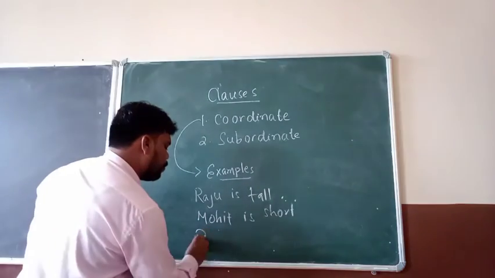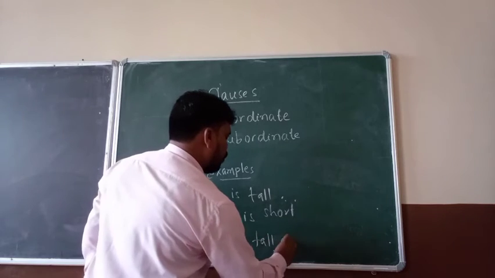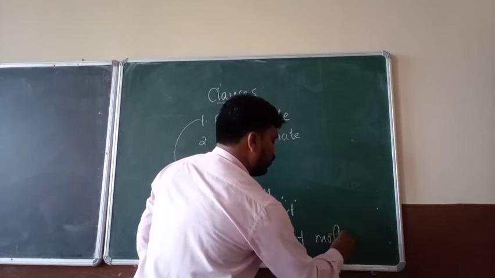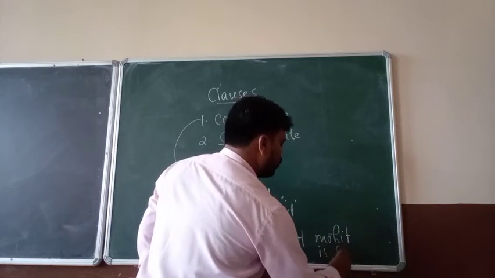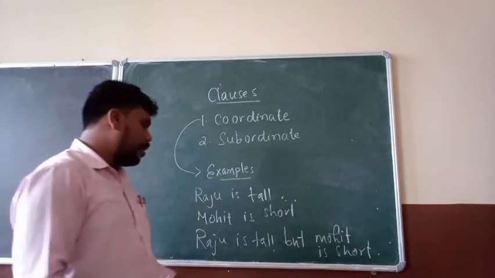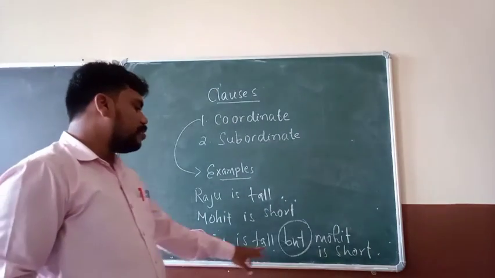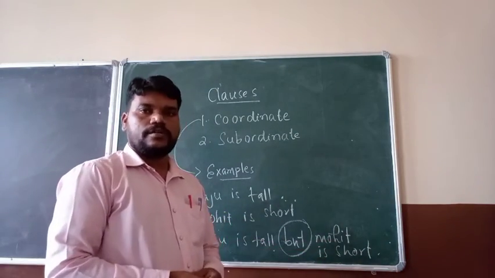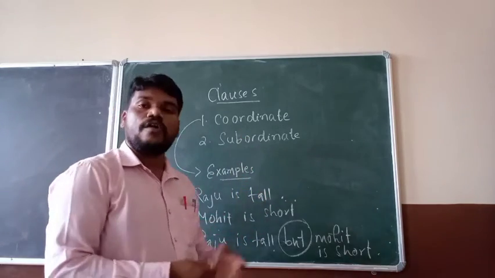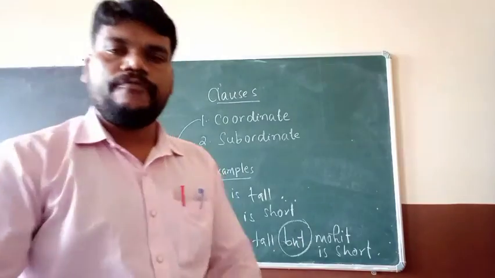So here you see, Raju is tall, but Mohit is short. Here you can see the coordinating conjunction. So in this way we can make a coordinate clause by joining with the coordinating conjunction. Hope all of you have understood.